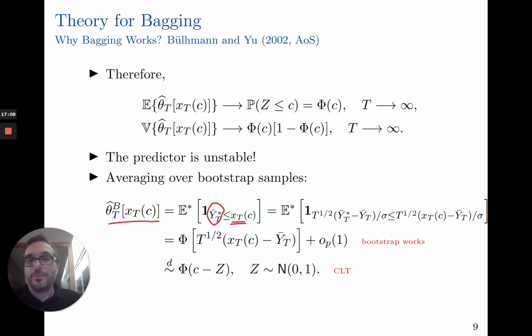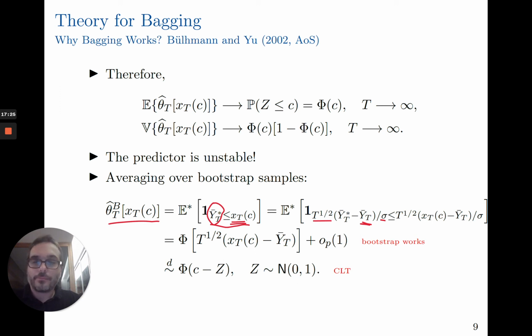Basically what we did was subtract y bar from both sides, divide by sigma, and multiply both sides by square root t.